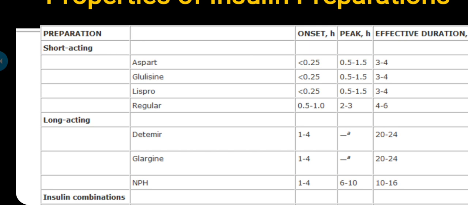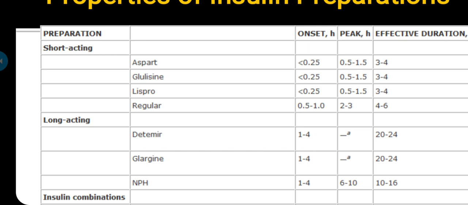And when they are used, remember, insulin secretion occurs in two phases. One of them is called the basal phase. The other is the peaks which appear after we take a meal. So when there is a defect in the basal phase, then there is fasting hyperglycemia.